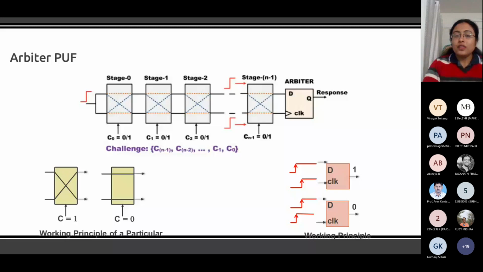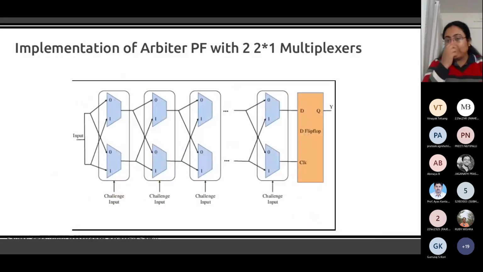Okay. Now, I was talking about how we can actually make this stage. We can make this stage using two 2x1 multiplexers. This is the input which will always be 1, meaning that I am triggering the path. Now you can see that this input will go to this 0 path.